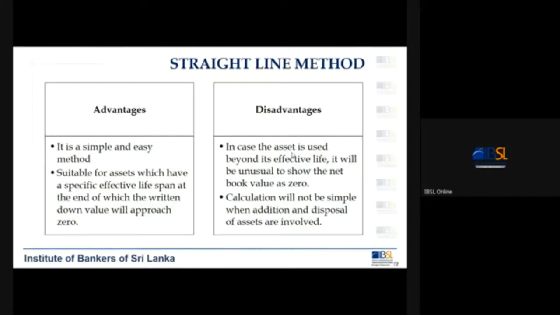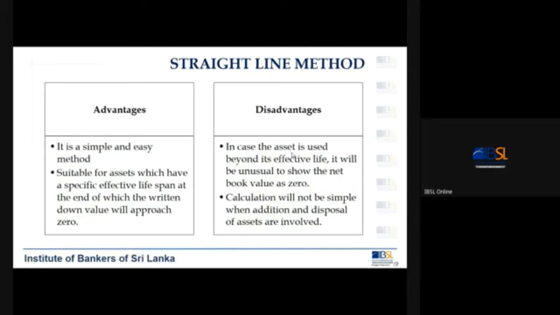Okay. Then the next disadvantage would be the calculation will not be simple when addition and disposal of assets are involved. Now, if you are using the same asset throughout the period or maybe throughout the lifetime, you can do it. But if there are more and more new additions, and if there are disposals, what do you mean by disposal?